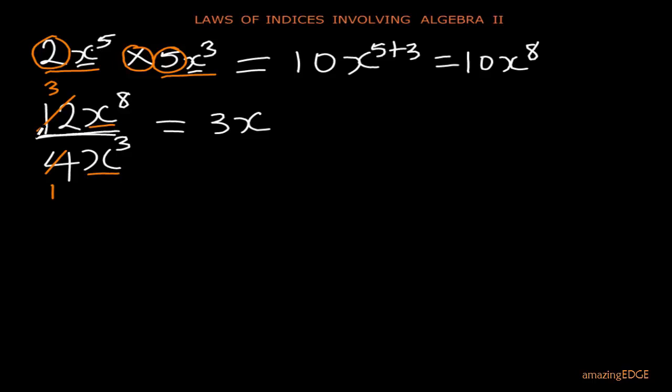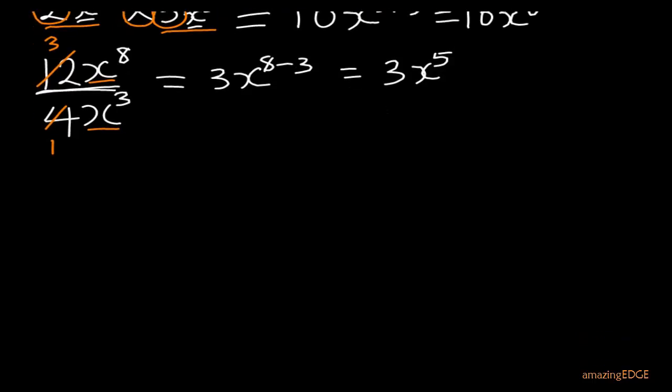So we now have x raised to power 8 minus 3. So this will give us 3x raised to power 5, because 8 minus 3 is 5. So we can look at another example. Supposing we have this as an example. We have 2.